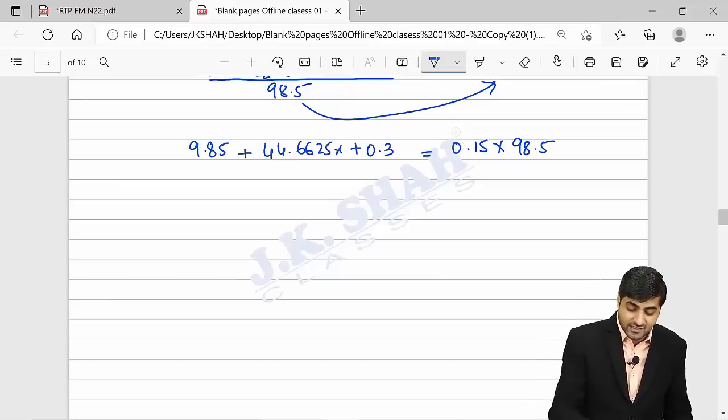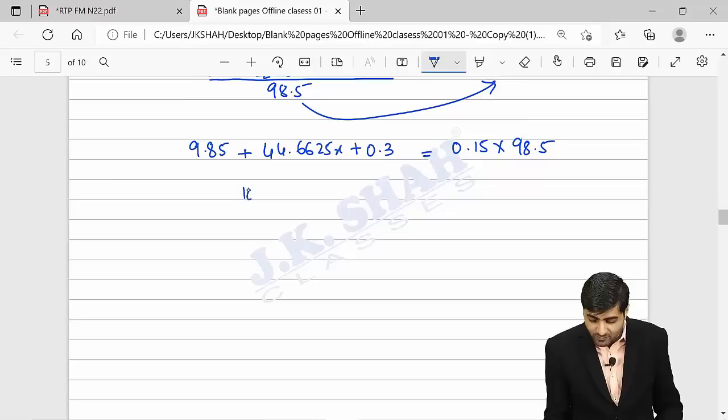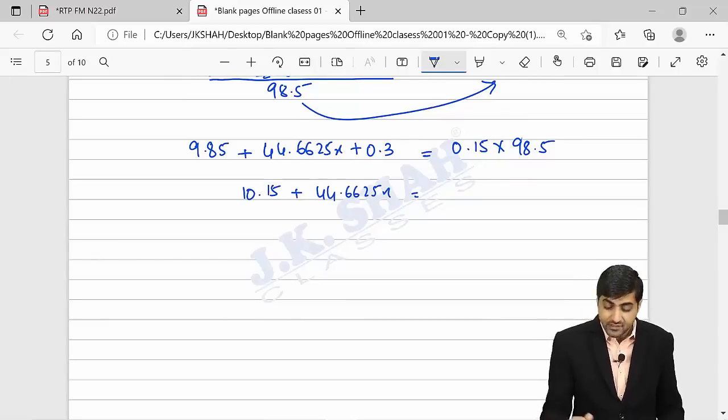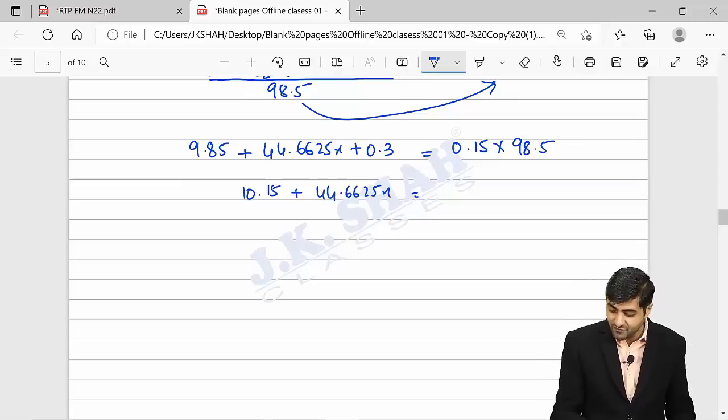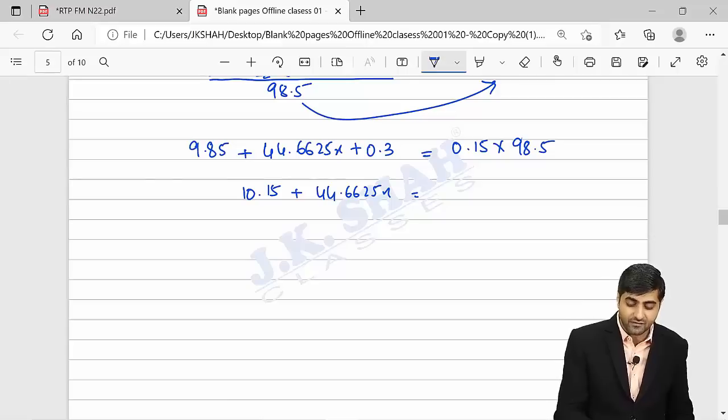So eventually guys, this is 9.85 plus 0.3. So this will now become 10.15 plus 44.6625x. Now this will be equal to 98.5 into your 0.15.